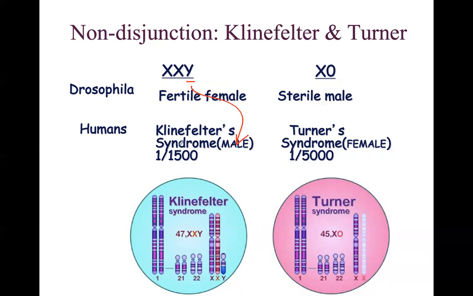And so what you see in these males is they tend to be tall, and they tend to be very skinny. So they're very gaunt, right? They have this height, they're very skinny, and there's usually mental deficiency there.